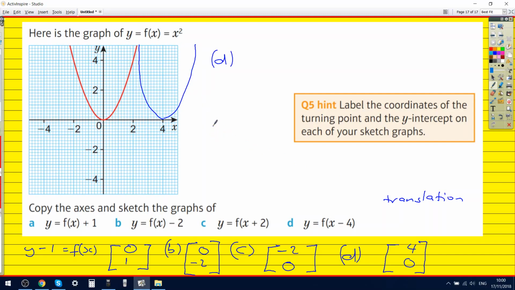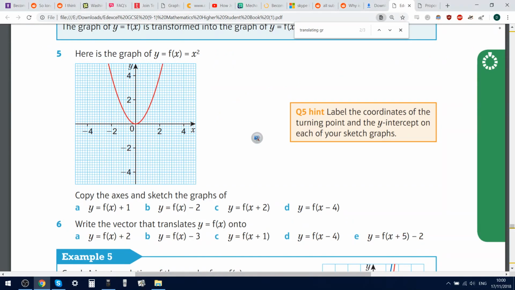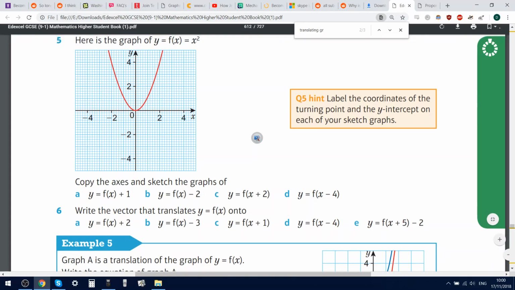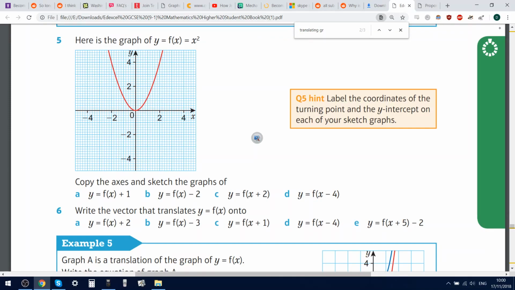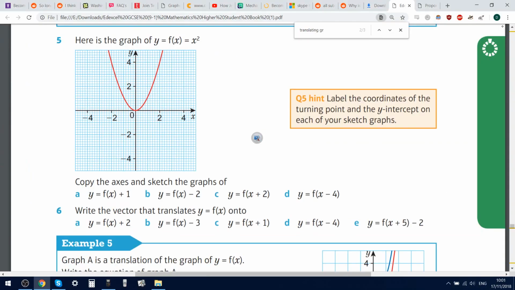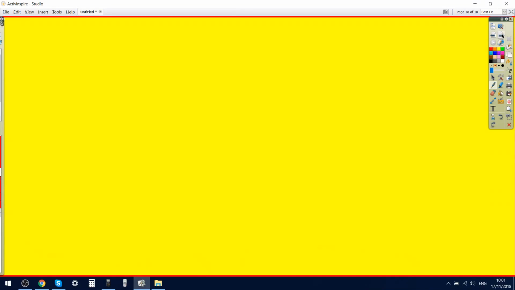Any questions with that? No. Okay, so that's the beginning of transformations anyway. That's a grade 9 topic. That's where it begins, and you go from there.